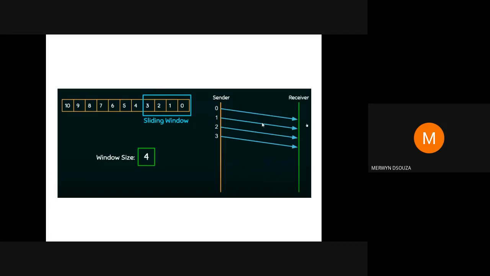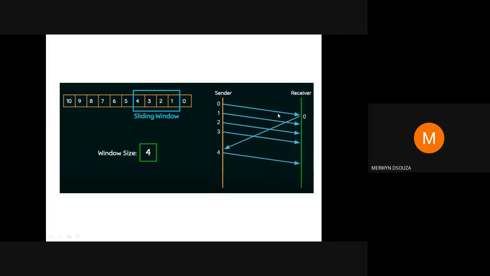Say the receiver has sent one acknowledgement. Since one acknowledgement has come, the number of packets it is waiting for is equal to 3. So it transmits one more packet, which is 4. It sends the 4th packet across, and the window moves ahead.